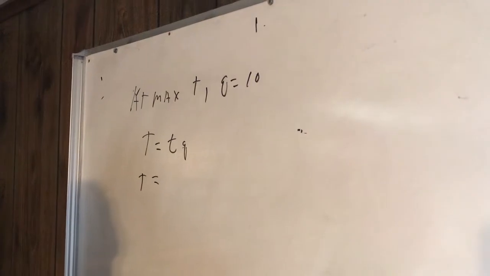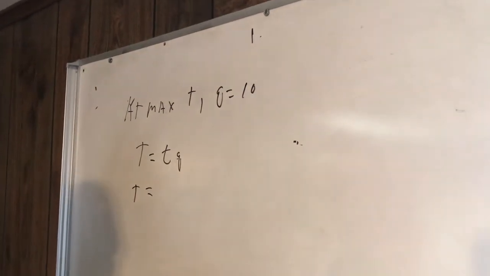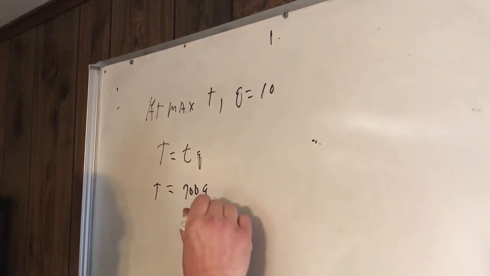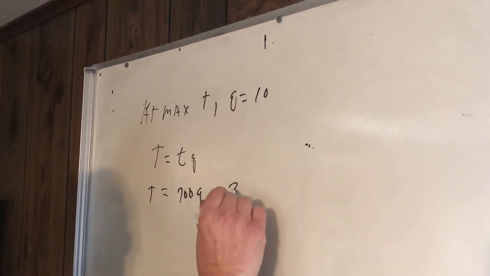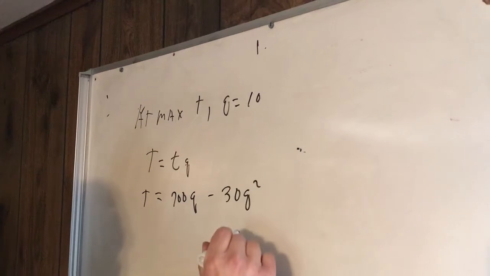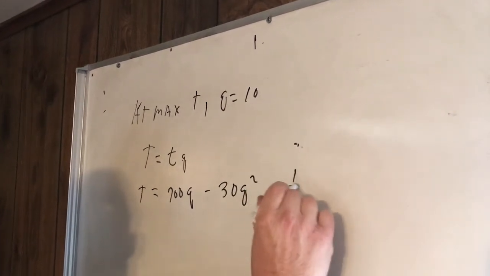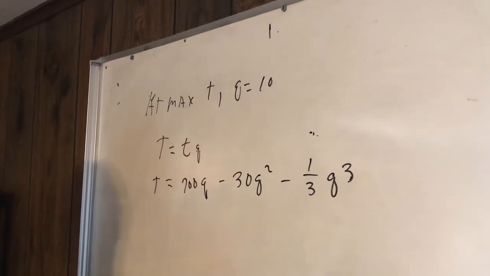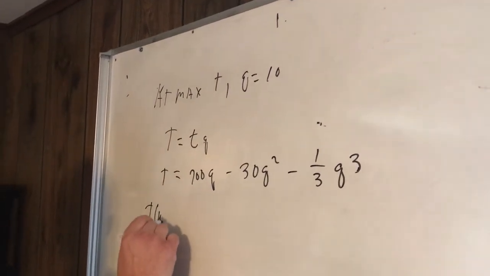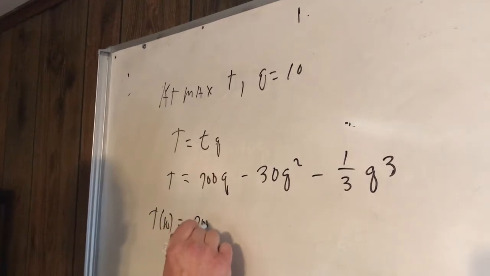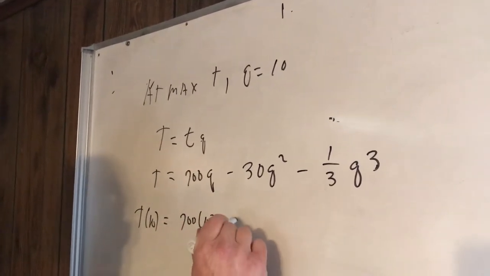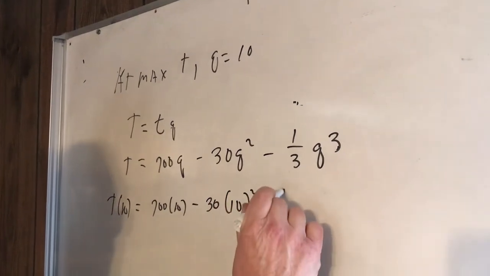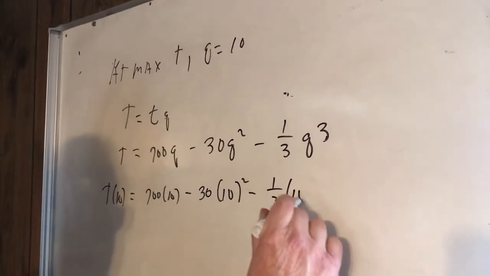We have to go back to the beginning equation, which was 700q minus 30q squared minus 1/3 q cubed. And I'm going to substitute q equals 10 here: 700 times 10 minus 30 times 10 squared minus 1/3 times 10 cubed.